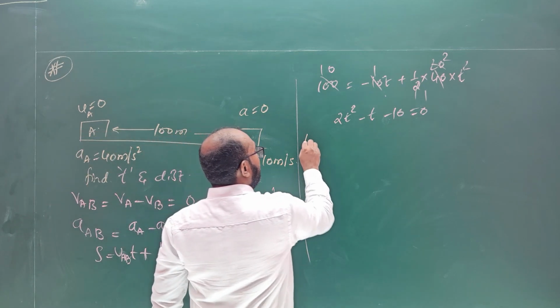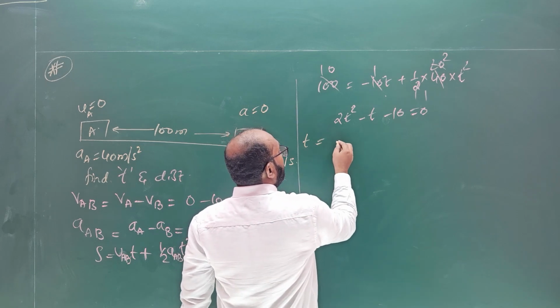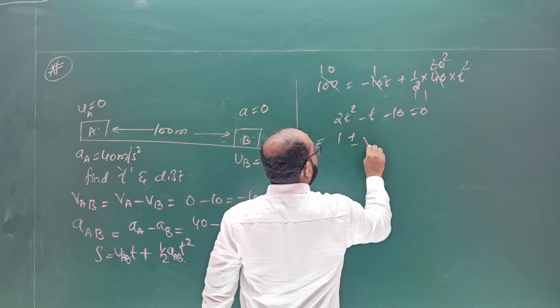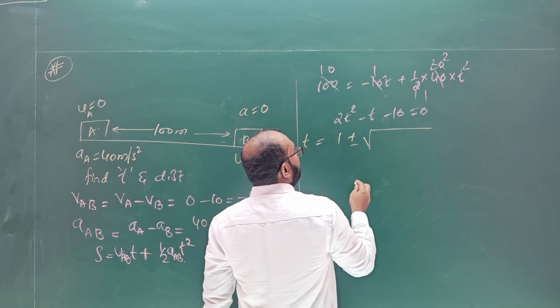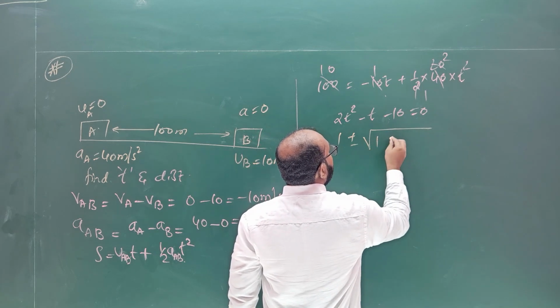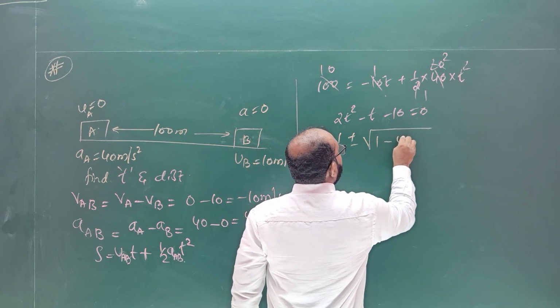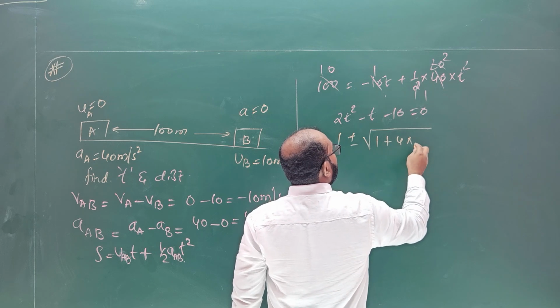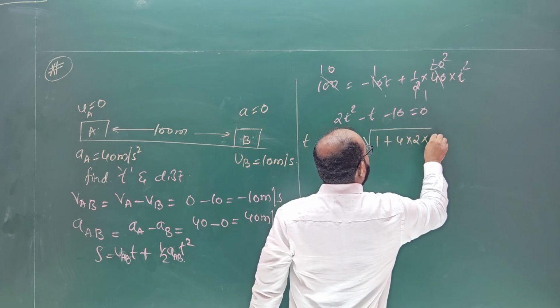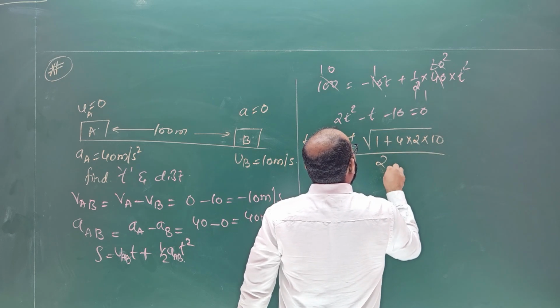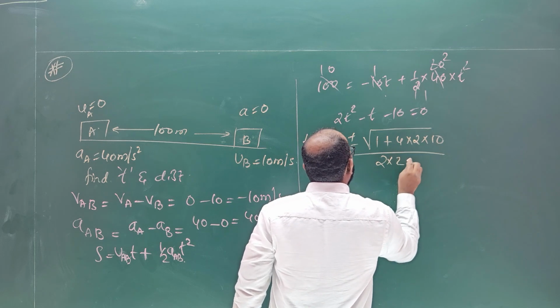Time value. So t becomes minus b, that is 1, plus or minus under the root of b square, b square is 1, minus 4ac. So 4 into 2 into minus 10 becomes plus 80, so 1 plus 80, upon 2a, 2a is 2 into 2.